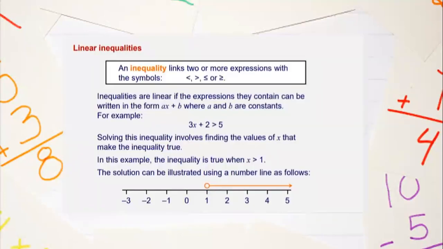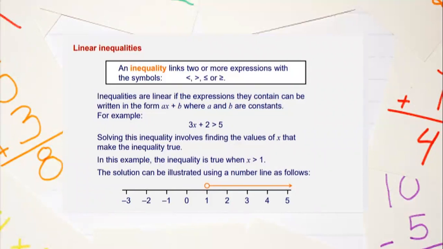Now we'll study a fairly easy, new topic: inequalities. Today we'll study non-linear inequalities, but first linear inequalities. An inequality links two or more expressions with the symbol greater than, smaller than, greater than or equal to, or smaller than or equal to.